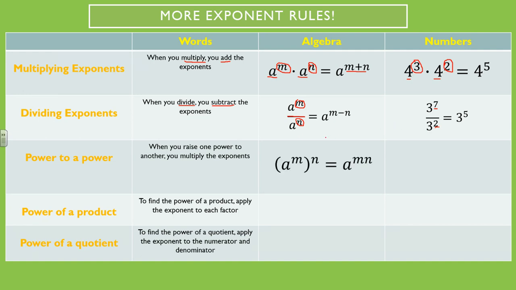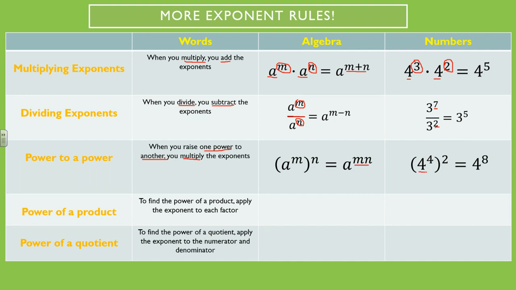Power to a power. Again, when you raise one power to another, then you're going to multiply. Okay, so I've got a to the m to the n power. Well, that would essentially just be a to the m times n. And again, I think these real number examples make more sense.